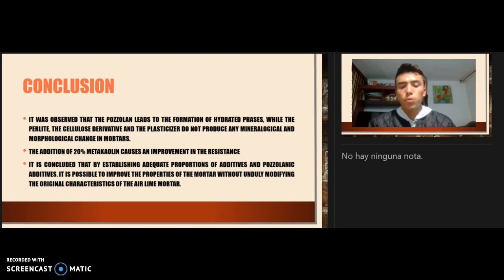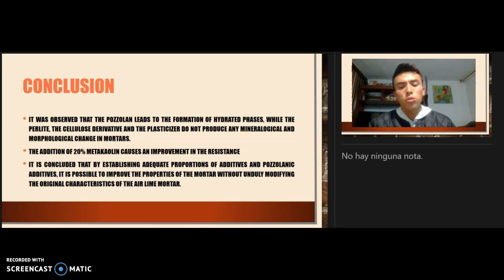To finish, we can conclude that the pozzolans led to the formation of hydrated phases, while the perlite, the cellulose derivative, and the plasticizer do not produce any mineralogical and morphological change in mortars.